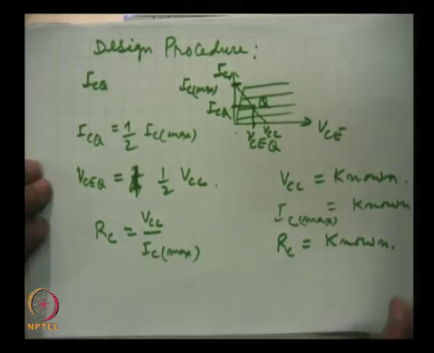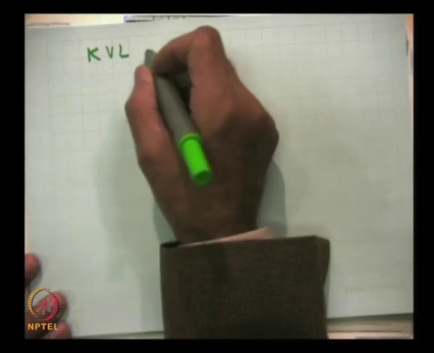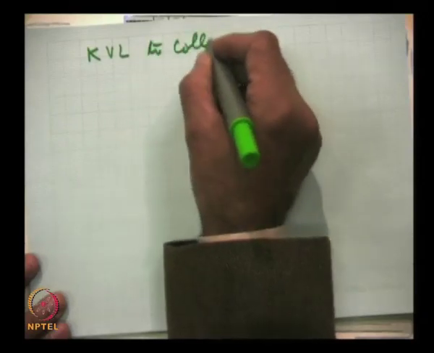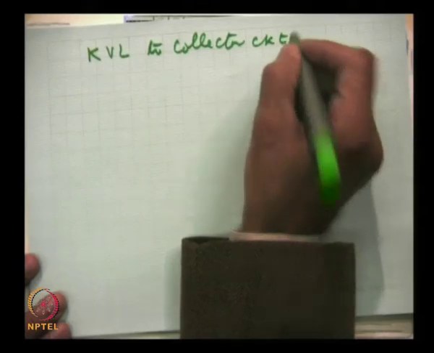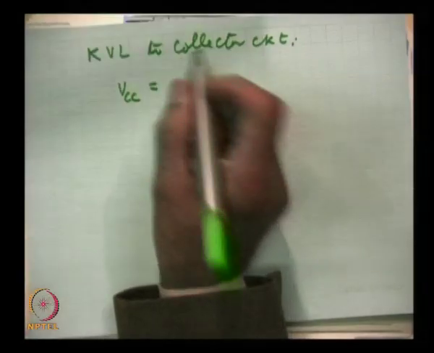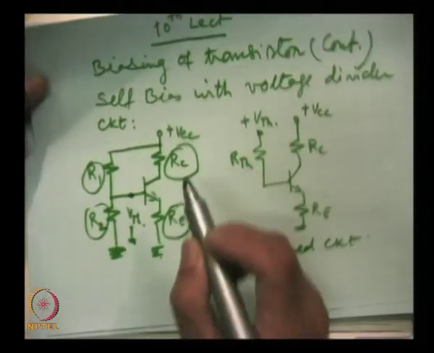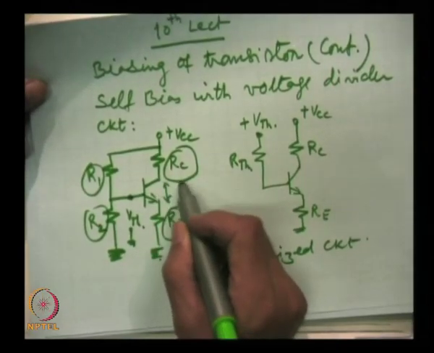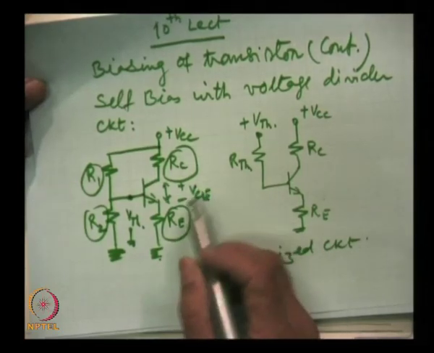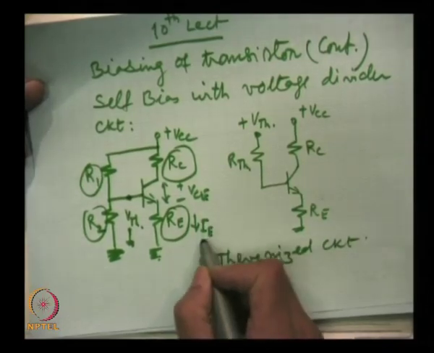and we remember that if we use Kirchhoff's voltage law and apply this to the collector circuit, then we get this equation, summation of voltages. VCC, here IC is flowing. So, there is a voltage drop here, this is VCE, and this is RE through which current IE is flowing, and IE and IC are almost the same.